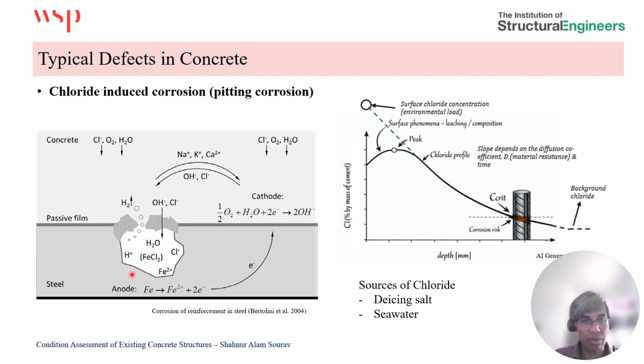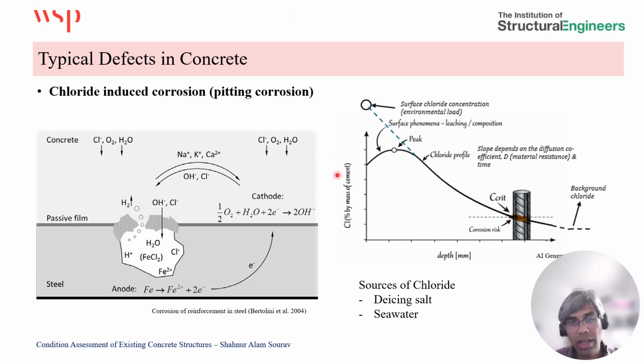So this is an anode that you can see, which is formed here, showing the pitting and section loss at this location, and the rest of the surrounding reinforcement will act as a cathode. The rate of reaction in this case will be very high compared to the rate of reaction that we usually see in carbonation-induced corrosion. Because of the high rate, there will be a high rate of section loss to the reinforcement.